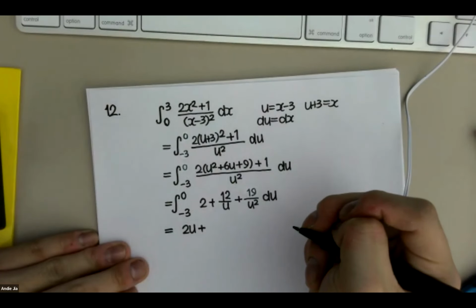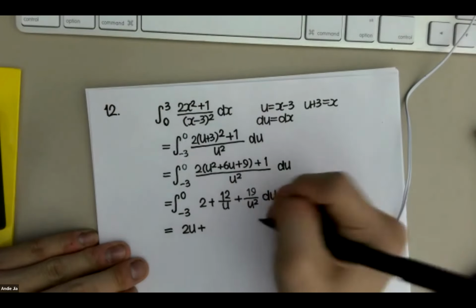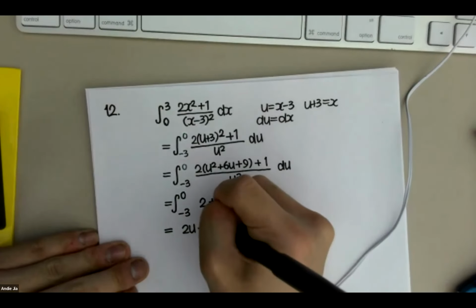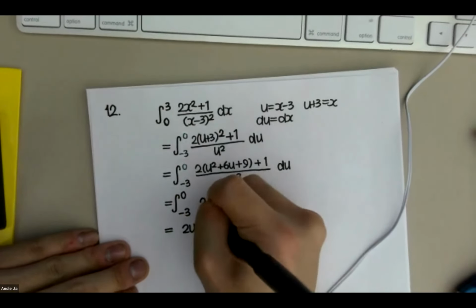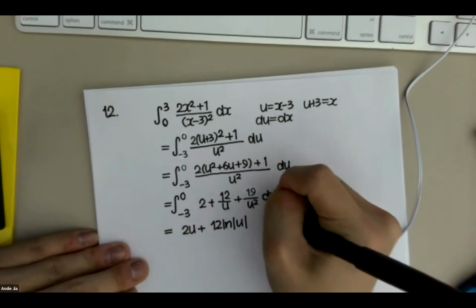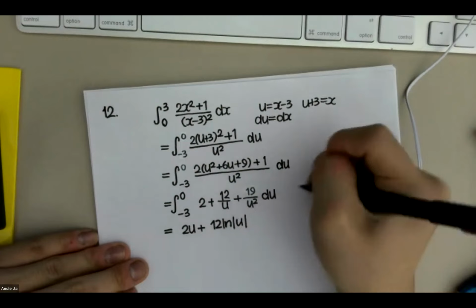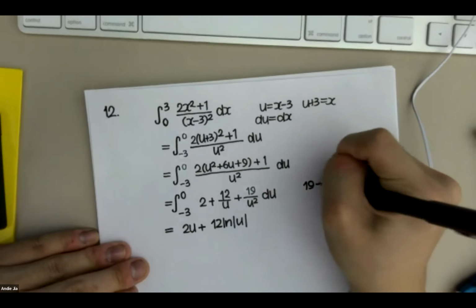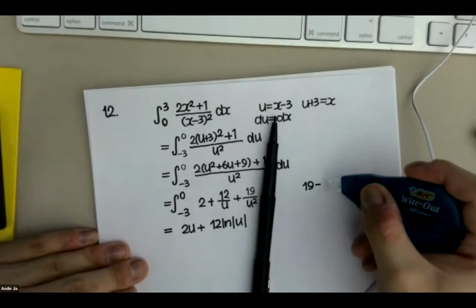Plus 12 natural log of u. It's going to be like 19 u to the -2 power.